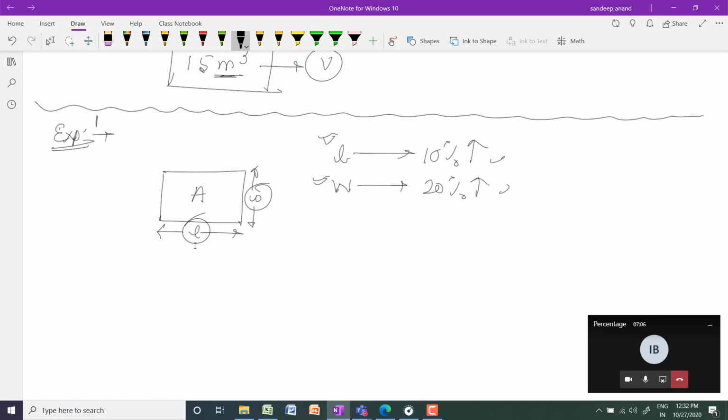What is the net percentage change in area? This is the question, right?